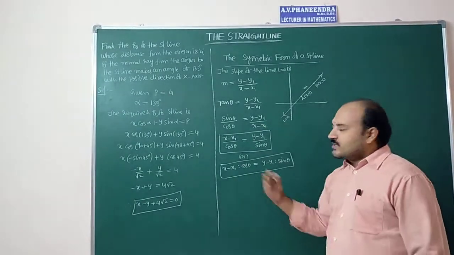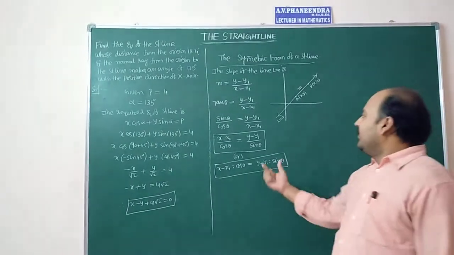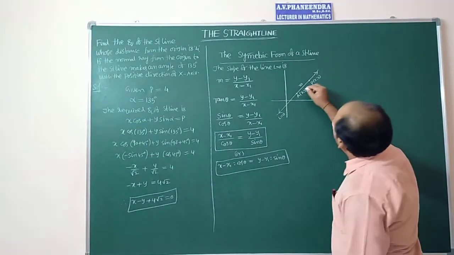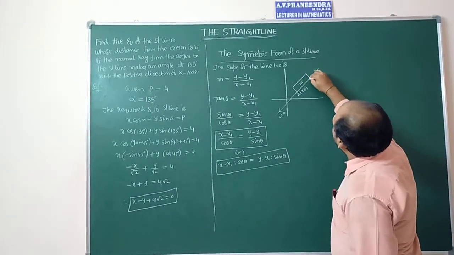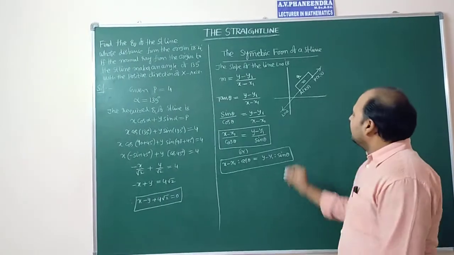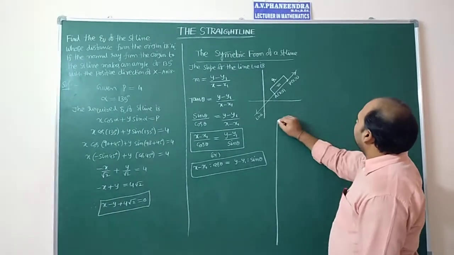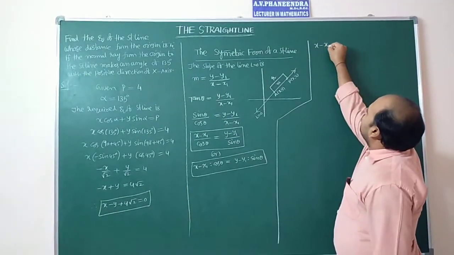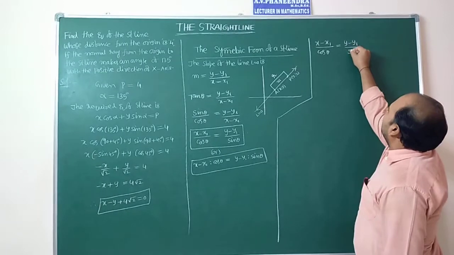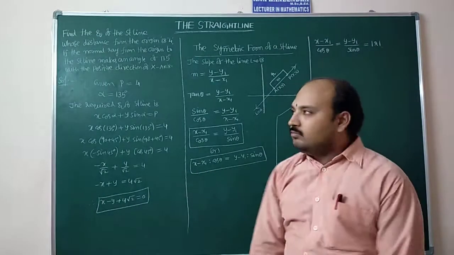After knowing the concept of the symmetric form of the straight line, we need to find the relation between these. Here, this ratio should be equal to the distance between point A and point P. I am assuming that distance to be R. So x minus x1 by cos theta is equal to y minus y1 by sin theta is equal to R. We are taking it as mod R. Why are we taking mod R?